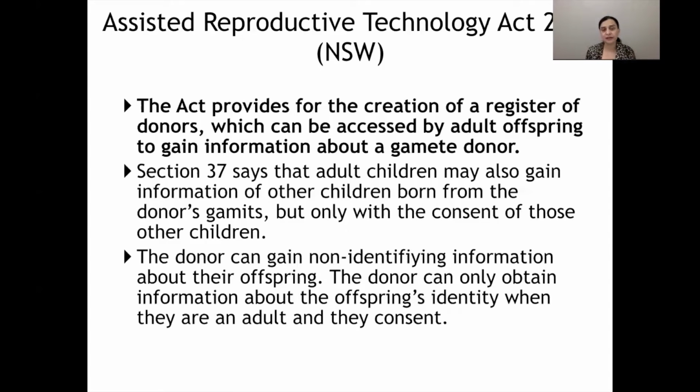So the donor can gain non-identifying information about their offspring. The donor can only obtain information about the offspring's identity when they are an adult and they consent. So here you can actually see that the legislation attempts to protect and balance the rights and interests of the different stakeholders in certain circumstances and situations. And clearly consent is pivotal to that release of information.